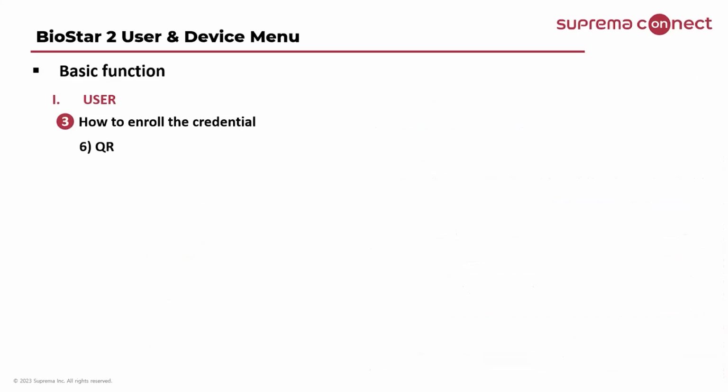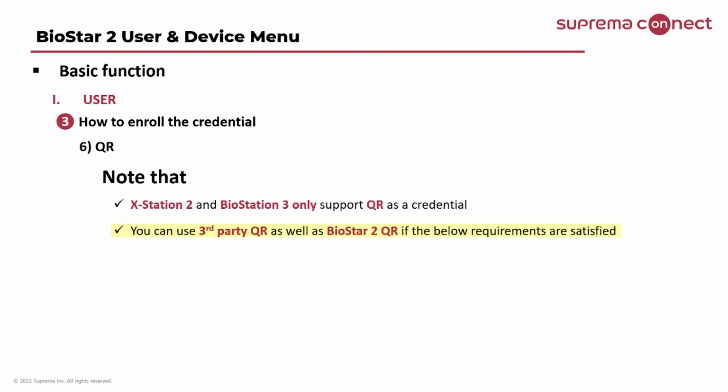On the QR credential, please refer to the following extra information. First, X Station 2 and BioStation 3 only support QR as a credential. Second, as previously stated, you can use third-party QR by selecting QR barcode. However, there are some limitations to using it as the following.